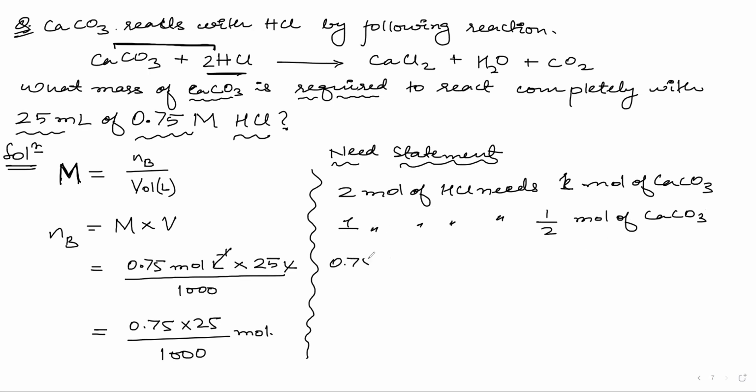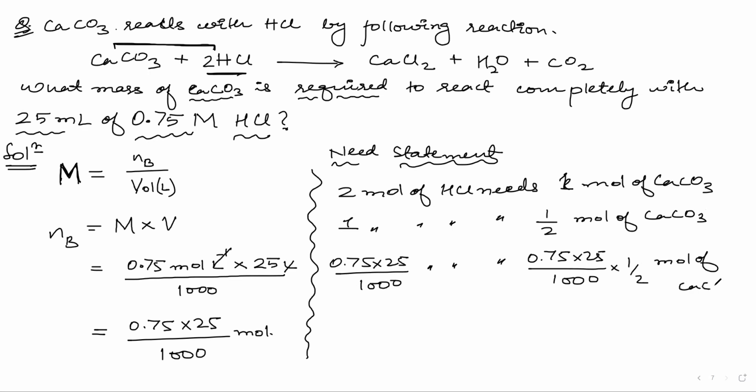If I have 0.75 into 25 divided by 1000 mole of HCl, it needs 0.75 into 25 upon 1000 into 1/2 mole of CaCO3. So the amount will be 0.75 into 25 divided by 1000 into 2.